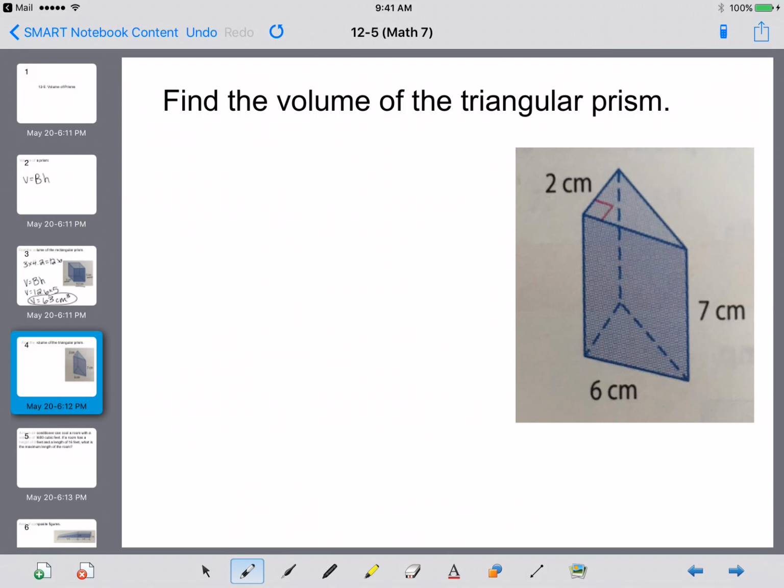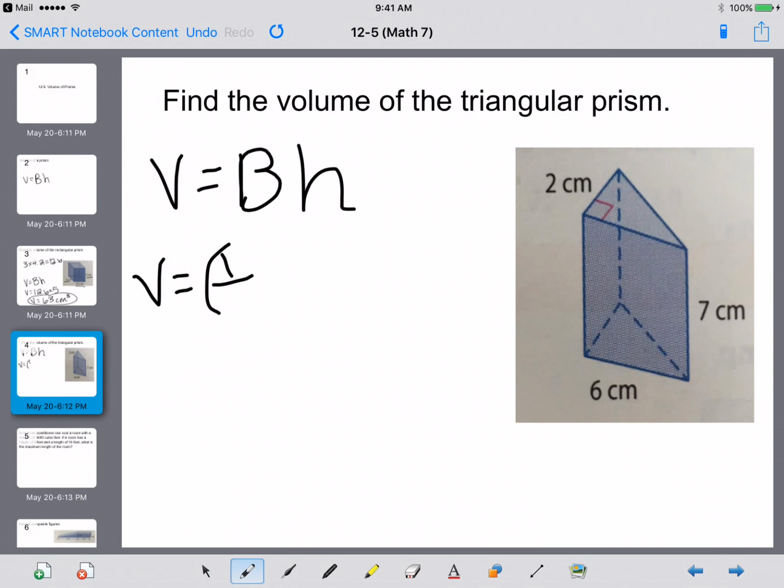Here we need the volume of our triangular prism. So like I said, volume is the area of your base times your height. So in this case, our volume will be the area of a triangle, which is 1/2 times our base, which is 6, times 2, because that's how wide it is, times our height of 7.